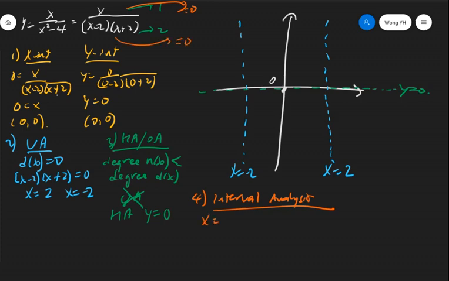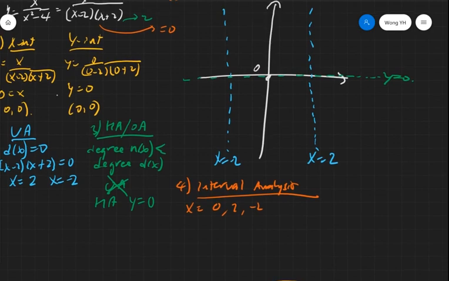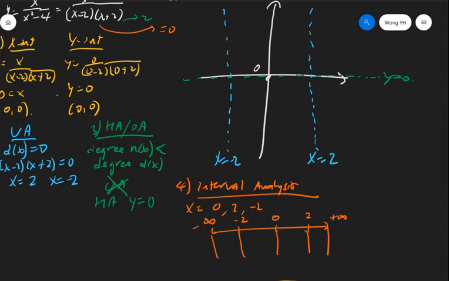So the x values that we get are 0, 2 and minus 2. Then what do we do next? We will have to put these in order from small to big value. So negative infinity, we have minus 2, we have 0, we have 2, and we have plus infinity. So we have 4 intervals.